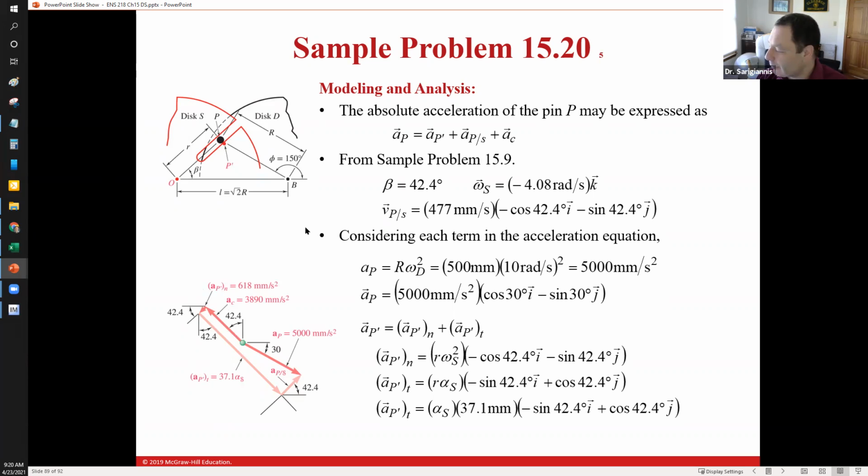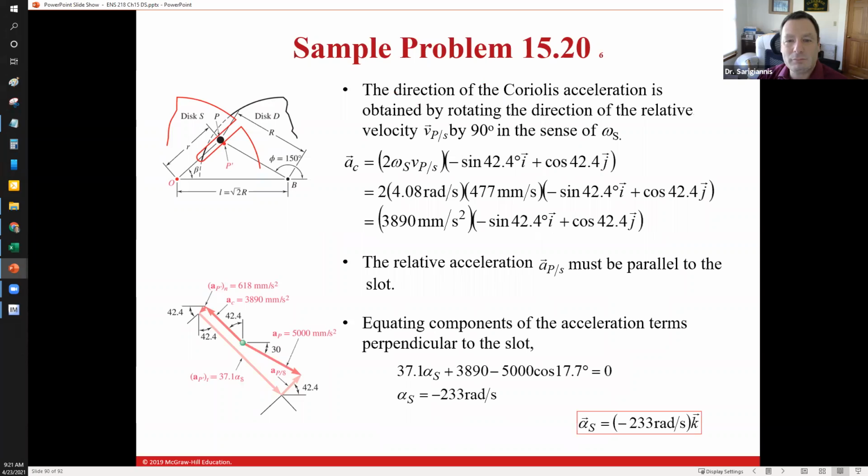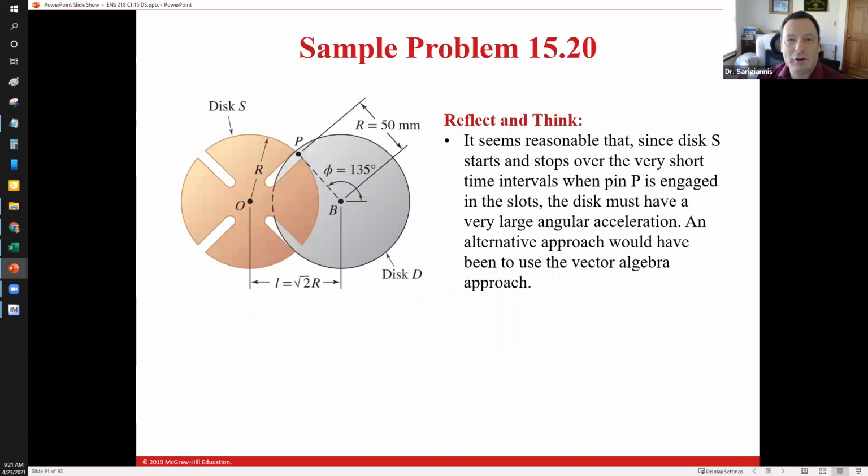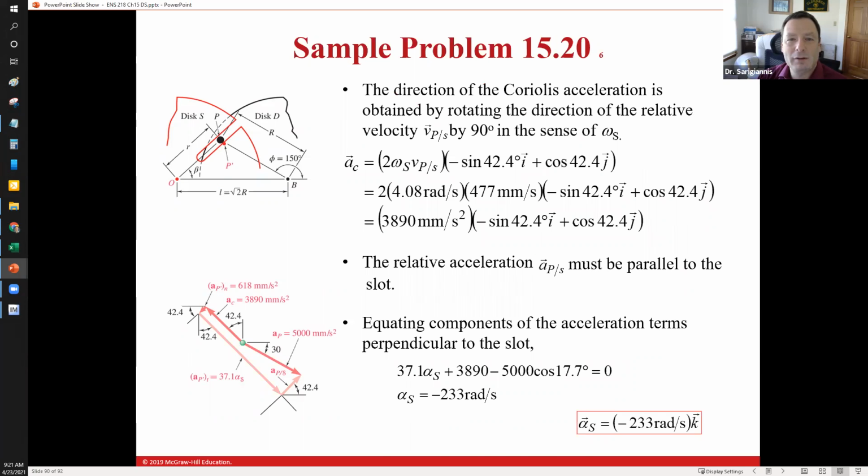I tried to do that at the beginning, but this is one of those problems where it gets a little dicey on paper, so these diagrams the textbook provides are nice. Here's where they do the components of acceleration perpendicular to the slot.